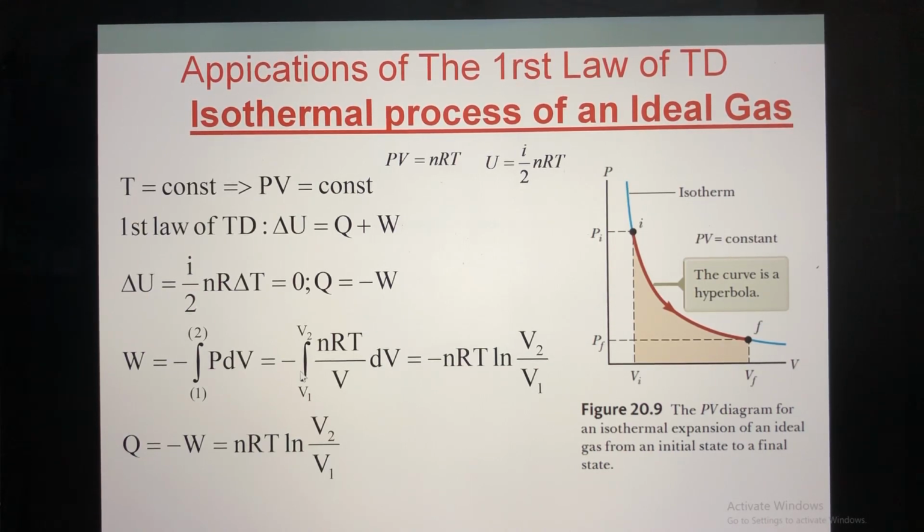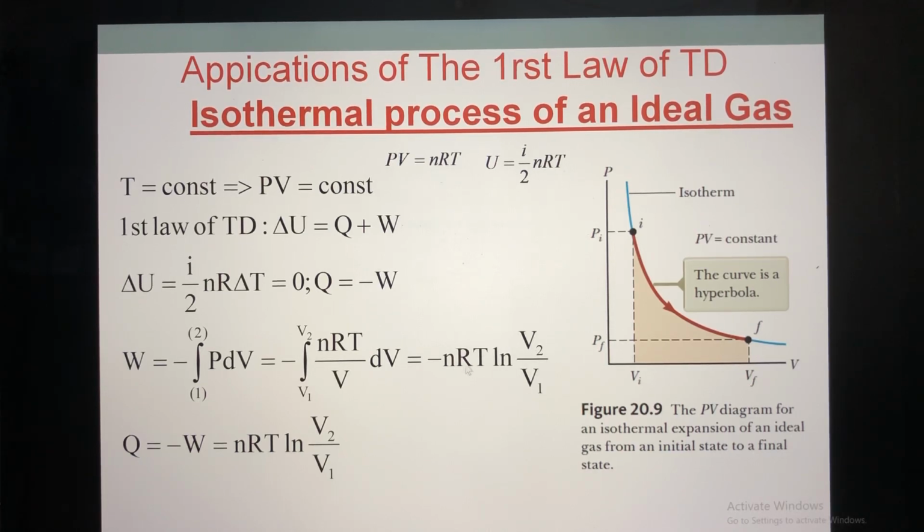So when you do the integration, you have the natural log of V, and then you put V2 minus the natural log of V1. You remember that if you have natural log of V2 minus natural log of V1, you can write it in the form of a fraction like this, natural log V2 over V1.